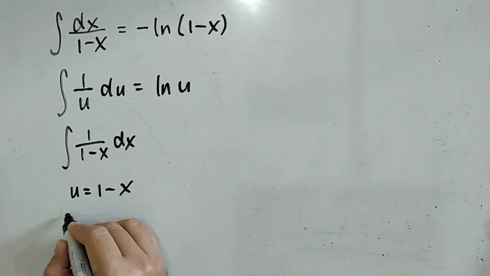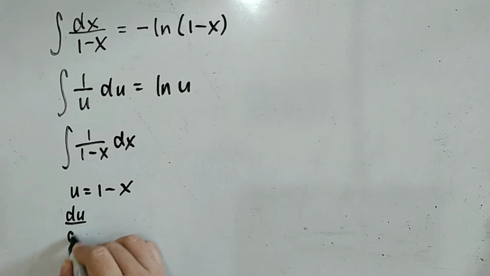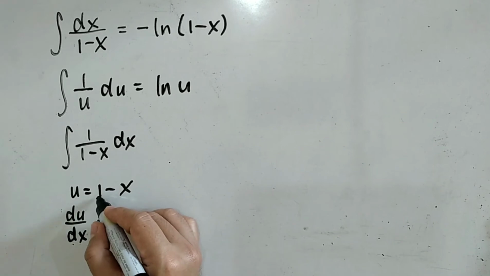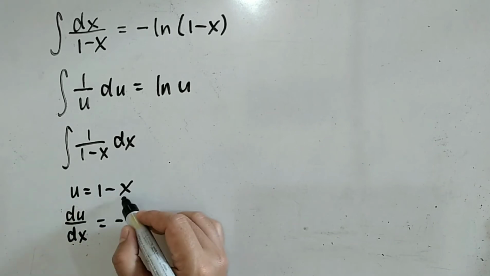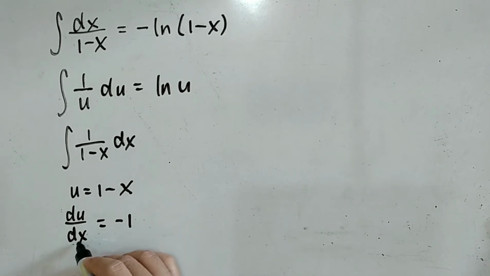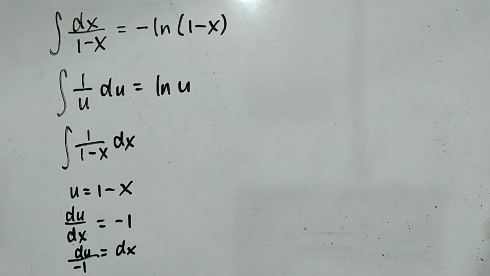Our du over dx would be equal to negative 1, because the derivative of 1 is 0, and the derivative of negative x is negative 1. We transpose this so that dx would be on the right side. So this becomes dx equals du over negative 1.